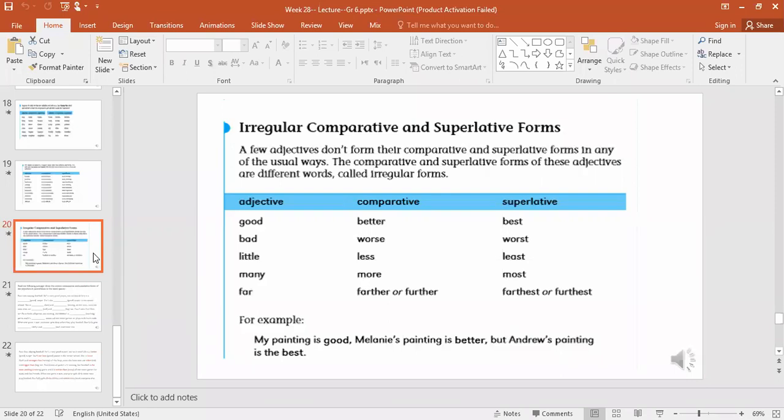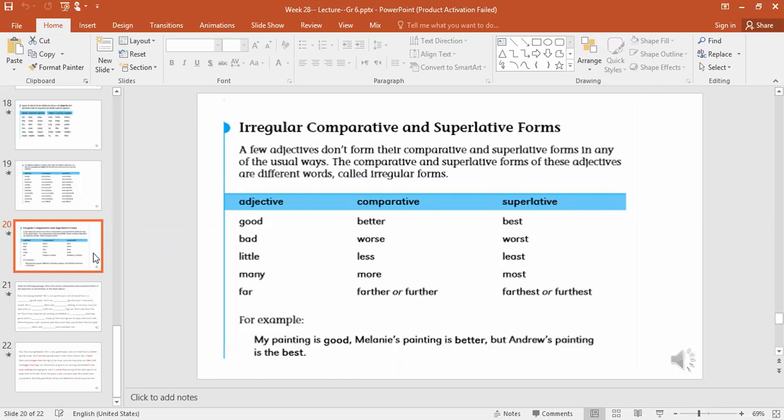I say good, better, best. I say bad, worse, worst. I say little, less, least. I say many, more, most. I say far, farther or further, farthest or furthest. These adjectives change completely when we are using them in the comparative or superlative form.